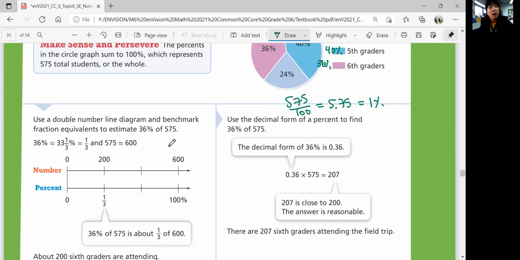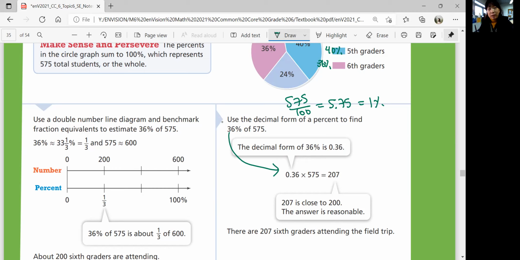Or if you want to find the exact answer, you can use the decimal form of the percent to find 36% of 575. 0.36 is the decimal form of this percent because percent by definition means divided by 100, or out of 100, right? So if you divide 36 by 100, it's 0.36. If you multiply that by the whole, you get a part.